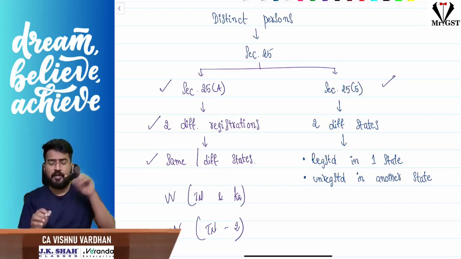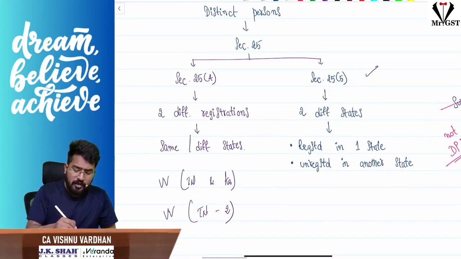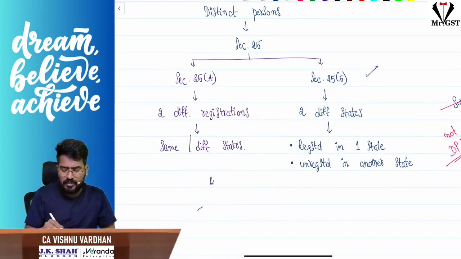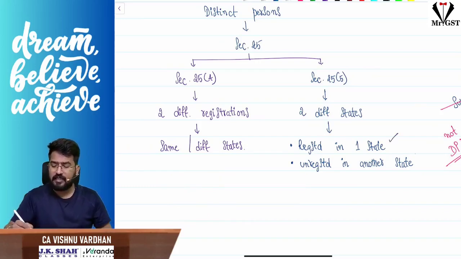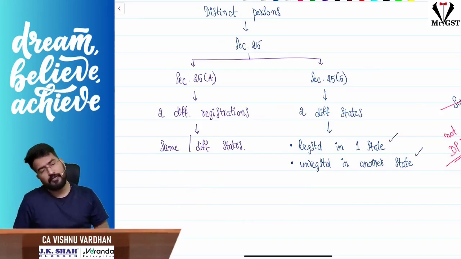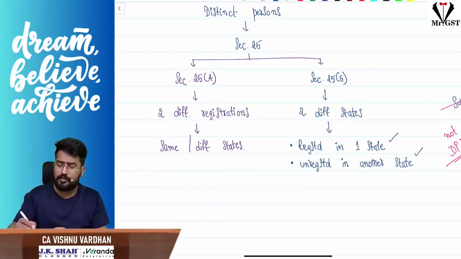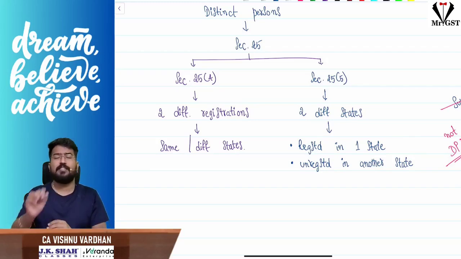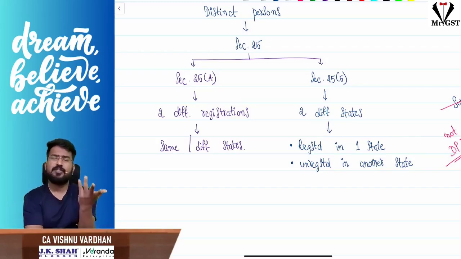Clear? Or section 25 subsection 5 says two different states, one state registered, another state unregistered. Then also you are called as distinct person. For example, in Goa I am selling liquor, I did not take registration because I am selling only liquor.